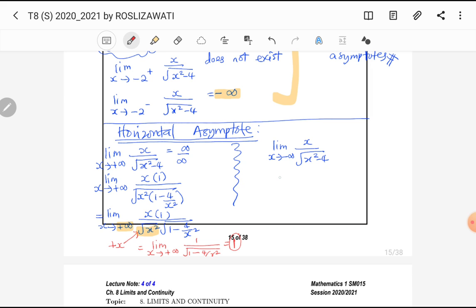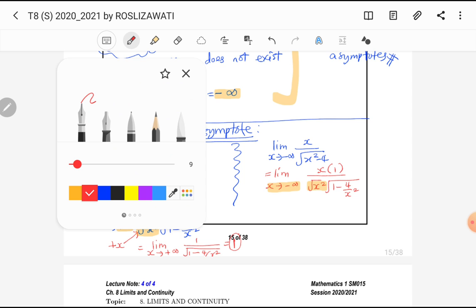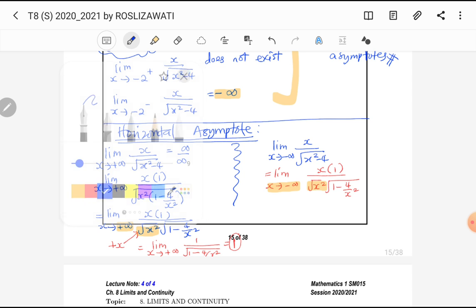Okay. Dan kalau awak ganti positive infinity, awak akan dapat equal to 1. Okay. And the same thing for the second part. When x approaches negative infinity, awak akan dapat limit x approaches negative infinity. Sama juga nanti akan dapat x over x times 1 over square root x squared, square root 1 minus 4 over x squared. Okay, we have square root x squared. X approaches negative infinity. Okay, for this case, kita akan replace square root x squared with negative x.